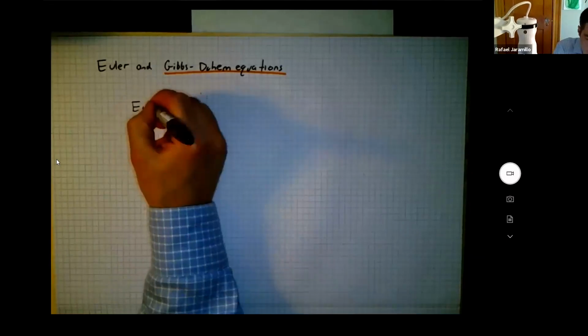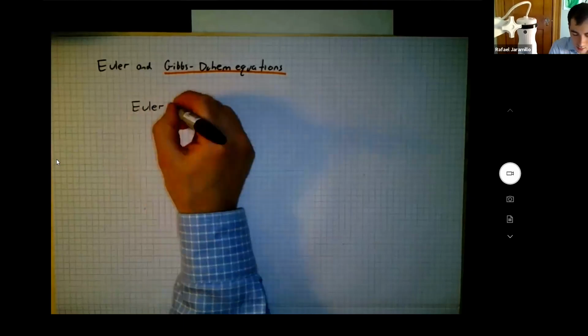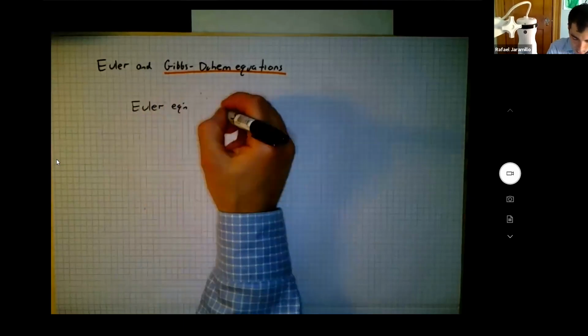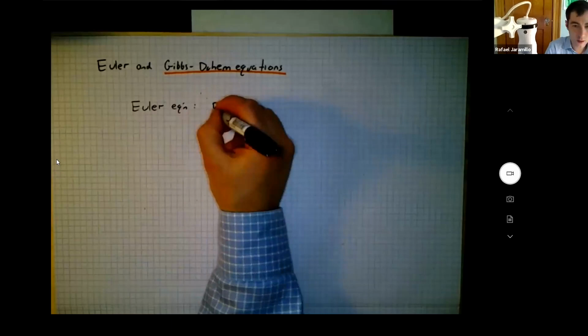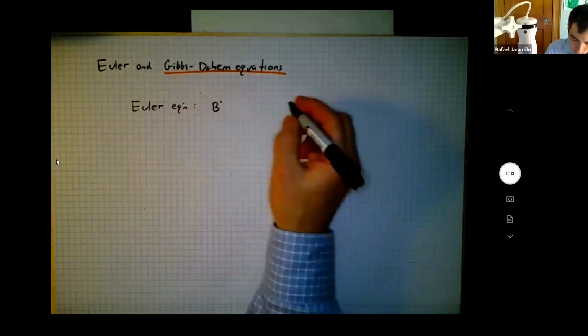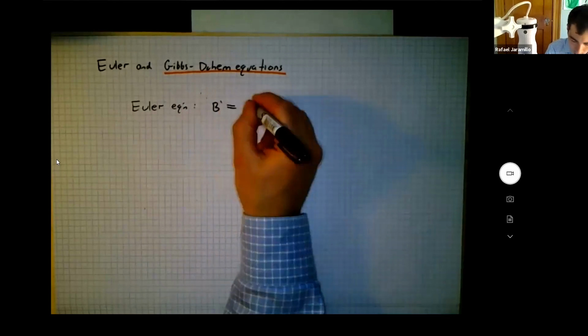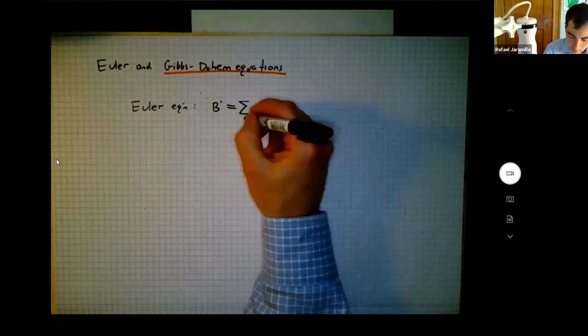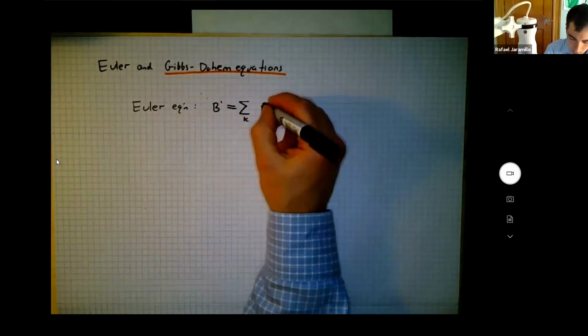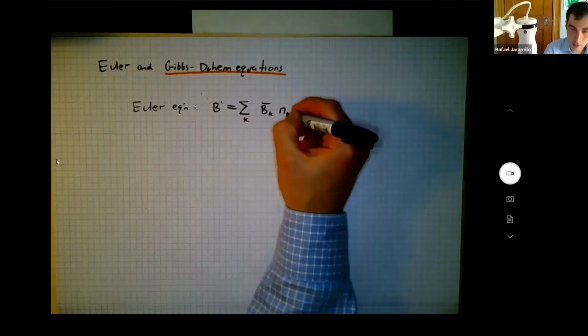So we have an Euler equation, which is like the one we just derived, which is the total amount of B equals the sum of the partial molar B times the mole numbers.